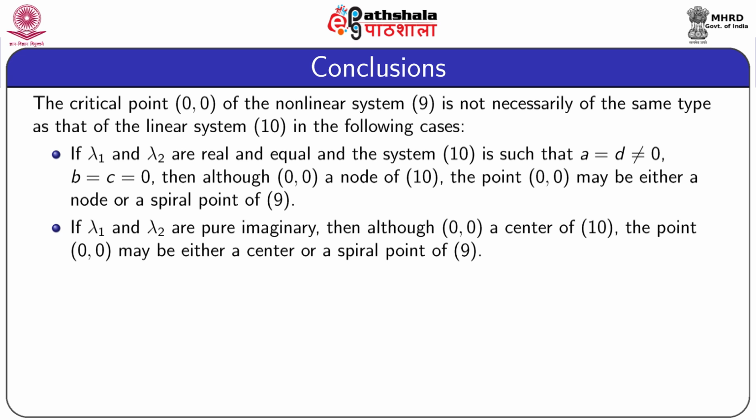Please note, in this case it is given that a = d ≠ 0 and b = c = 0. In the second case, if lambda 1 and lambda 2 are purely imaginary, then though (0,0) is a center of the linear system 10, the point (0,0) may be either a center or a spiral point of the nonlinear system 9.